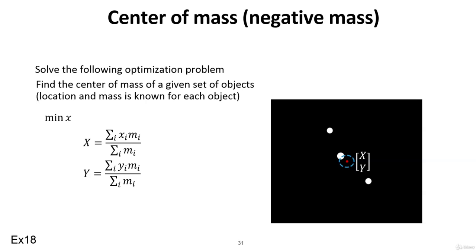Okay, so for simplicity, we are assuming that we know the locations of each hole and also the surface of each hole. Then in order to solve that, we can easily apply the same formula. So let's have a look at the Python code. So as I said, the mass of the plane is positive because it exists, and those holes, since they do not exist, we will consider them as negative masses.